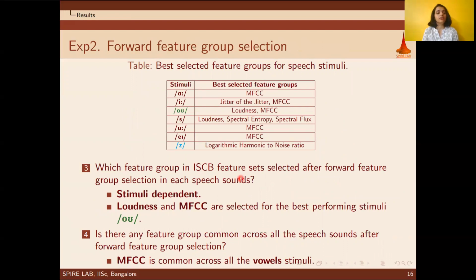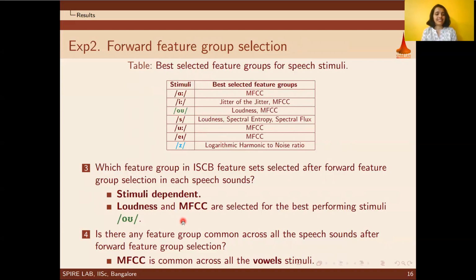Forward feature group selection results are given in the table. The first column shows the stimuli used and the second column shows the best group selected in each of the stimuli. For example, for R sound, the MFCC feature group is selected as the best group, and for SAR sound, logarithm harmonic to noise ratio is selected as the best group after forward feature group selection.